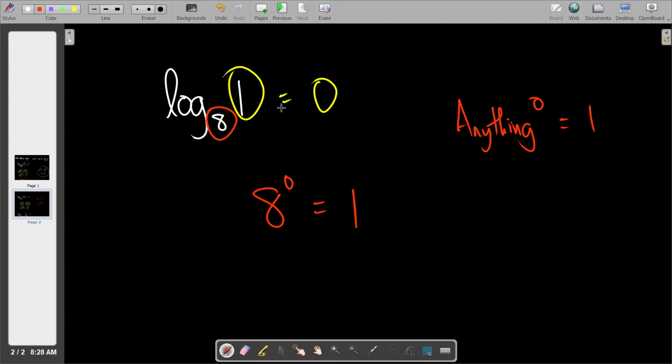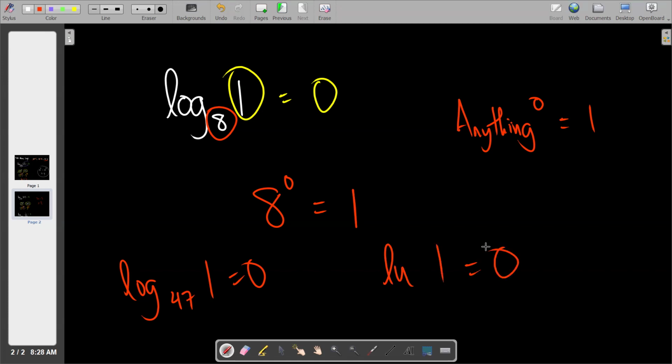And so having said that, any log with an argument of 1, like log base 47 of 1, the answer is going to be 0. It could say natural log of 1, the answer is going to be 0. Got that? So that's worth putting into your notebooks, that if the argument is 1, the answer is 0. Take it to the bank. Got it? Okay.